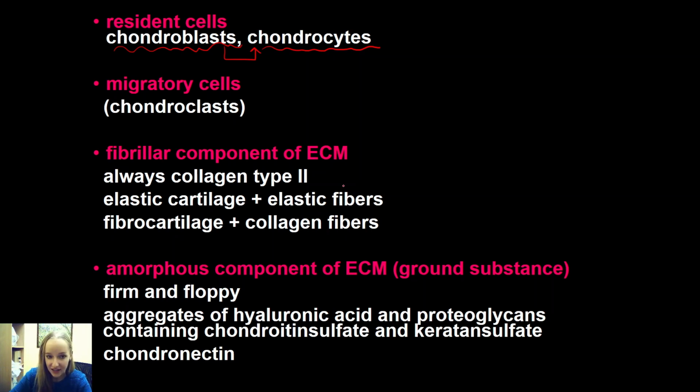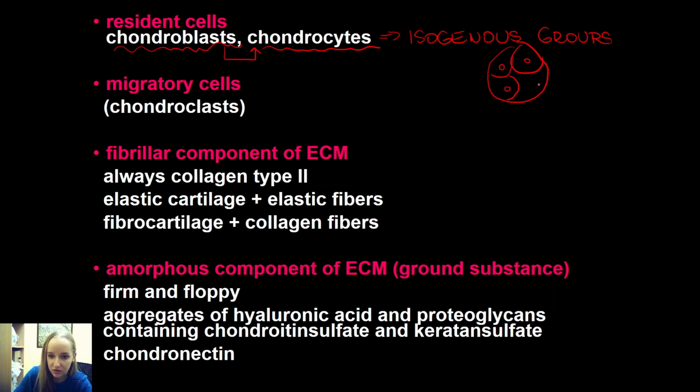And as a result of being able to divide, they form isogenous groups in the cartilage. Isogenous groups. I will show you how these groups look, but there are many cells in one place like this, and this is because of their division.